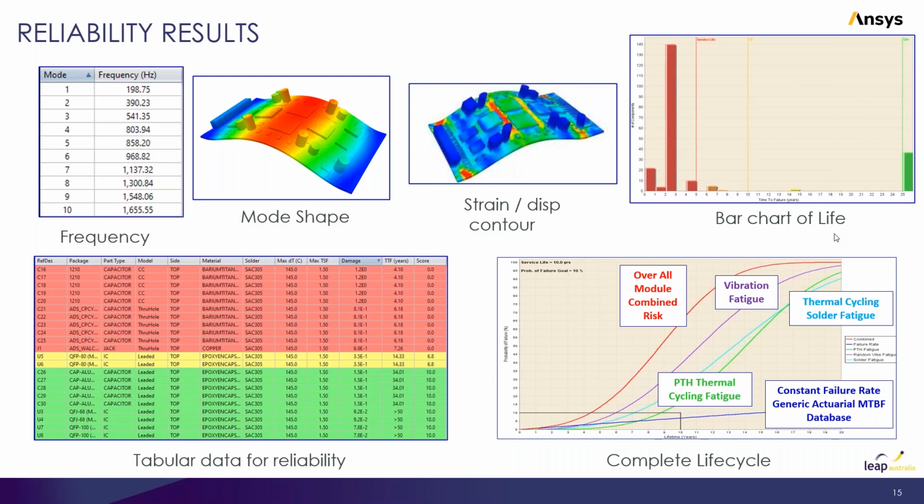And then, of course, in the end, different measures and different equations are in place to take those strains and calculate the life cycle to failure predictions, for you to look at how long the board will withstand and whether it will survive later on in the field for your intended environment.